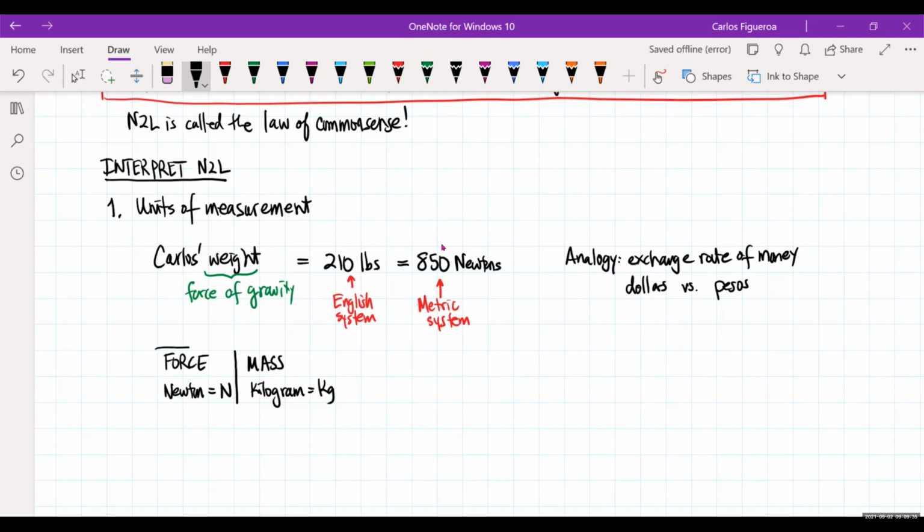These are the units that science prefers to use. And so these are the units that I will use in this class. Again, it makes it a lot easier if you use this.